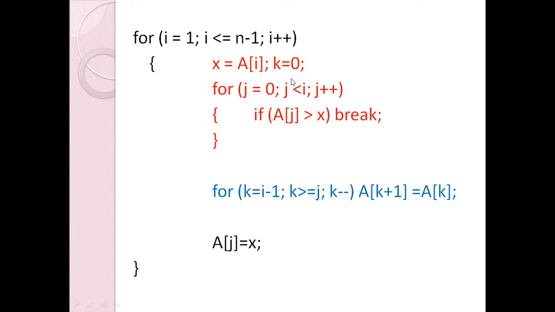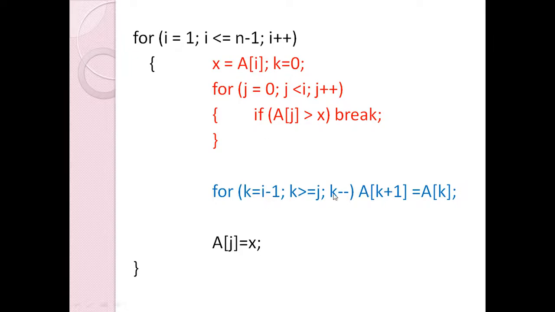Now this initialization may be avoided, it is not required here, because we are reinitializing k here. So now you have come to know that position number j is suitable for the element a[i].